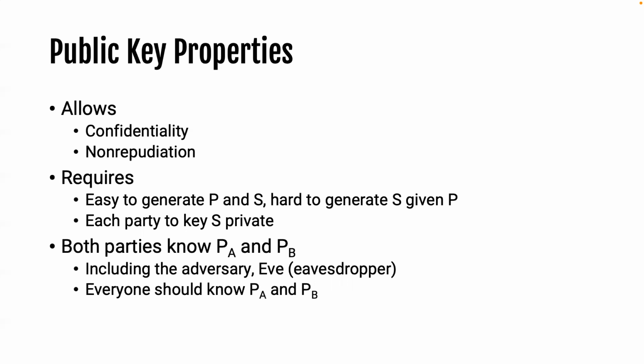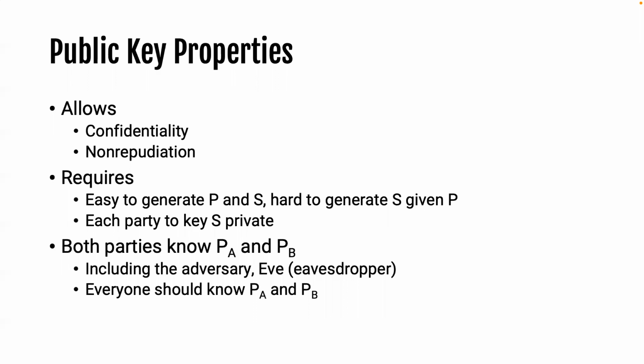And it also allows non-repudiation, meaning that if someone uses a public key cryptosystem to process a message and then sends it to the outside, he cannot deny that this message was sent from him, the sender.